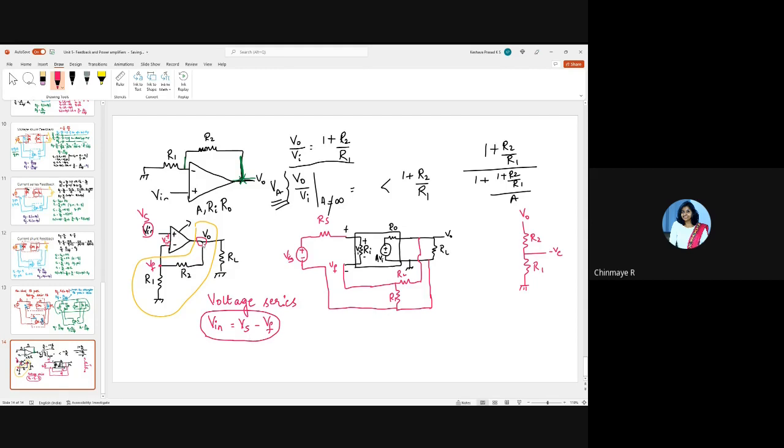The point at which you're sampling the output, whether it is the same place at which you're sampling the output voltage or not. The second thing is whether you're feeding back something across the resistor or through a resistor. So is this much clear? Now let's go and check other circuits. Then I think you'll be comfortable with identifying what kind of feedback it is. Is this much clear to all of you?